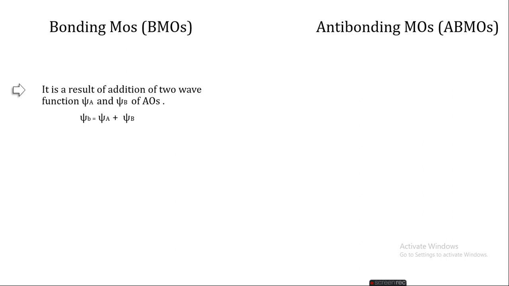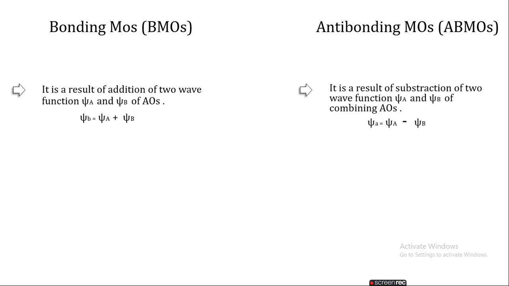Antibonding molecular orbital is a result of subtraction of two wave functions, that is psi a and psi b of combining atomic orbitals, and the mathematical equation for antibonding molecular orbital, psi a, is equal to psi a minus psi b. This is the first point differentiating between bonding molecular orbital and antibonding molecular orbital.